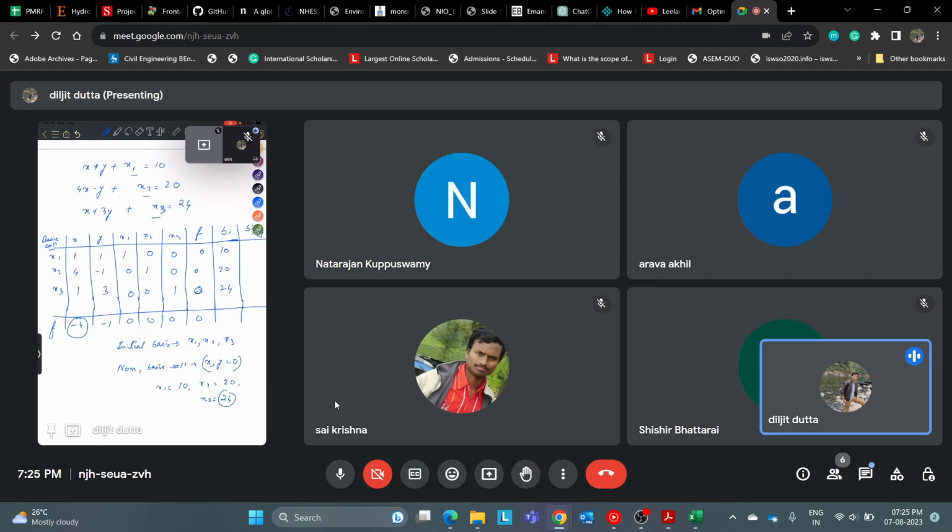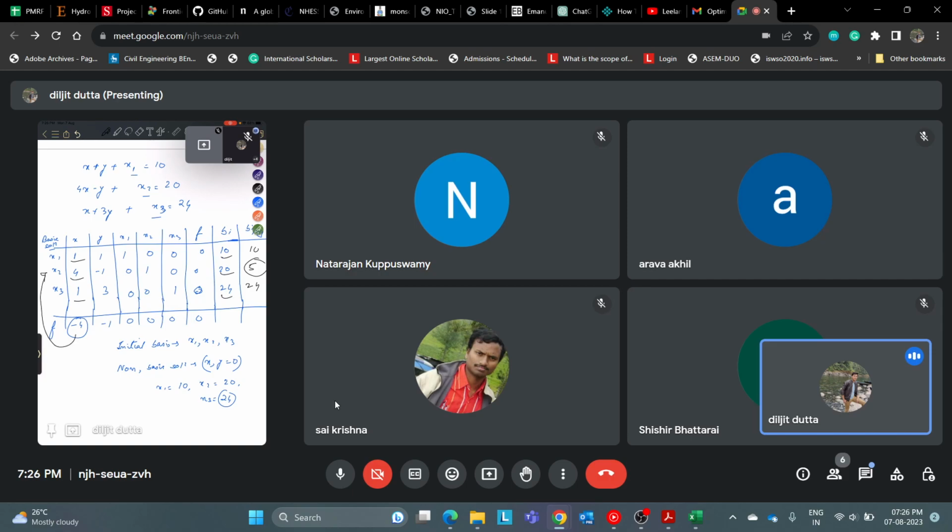Which variable x replaces we find by the ratio b by a. For the first row it is 10 by 1, which is 10, 20 by 4 is 5, and 24 by 1 is 24. So x2 will be replaced since its value is the least among the three. So x will go in place of x2.